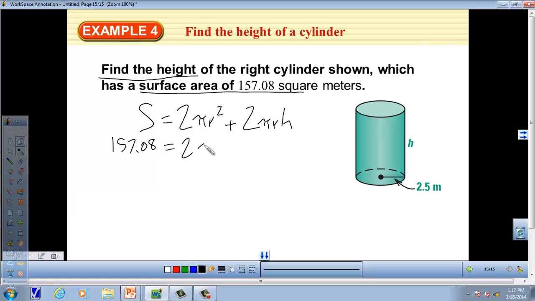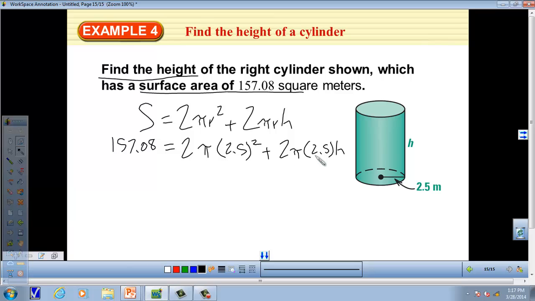We have our radius, which is 2.5. So we plug that in, and then we have 2 times pi times 2.5 times h. And now we're going to solve for h.